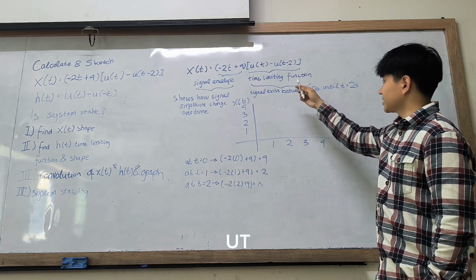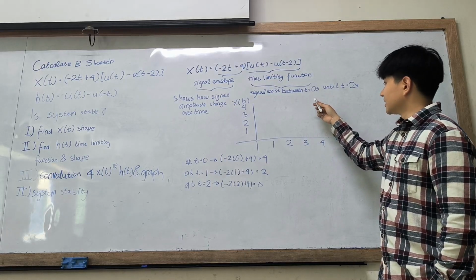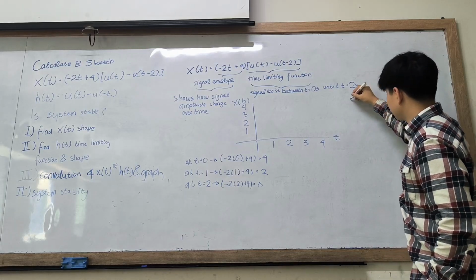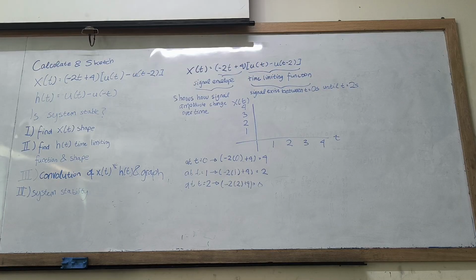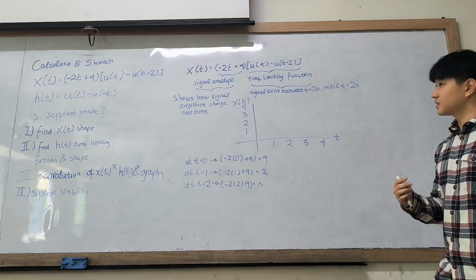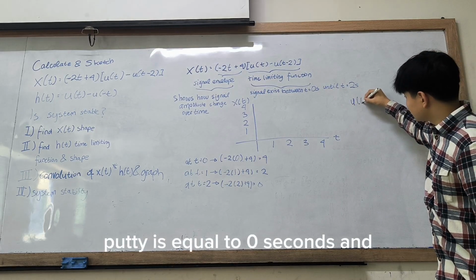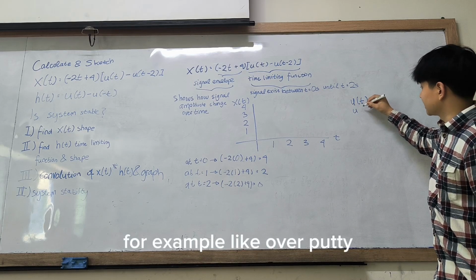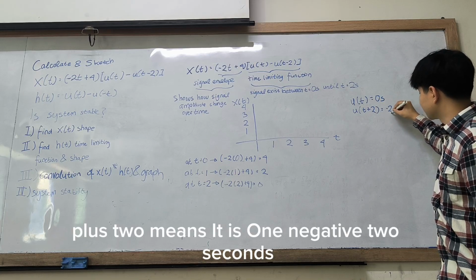u(t) subtracted by u(t minus 2) tells us that the signal exists between 0 seconds and 2 seconds, because according to the rule of time displacements, t is equal to 0 seconds, and for example, t plus 2 means it is at negative 2 seconds.